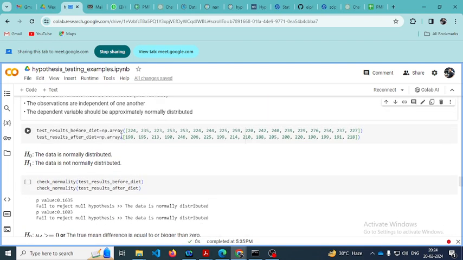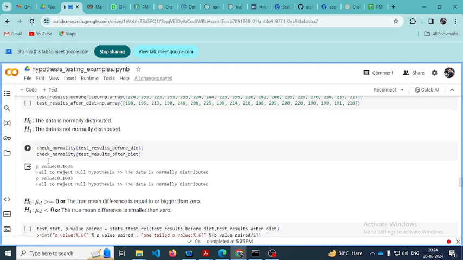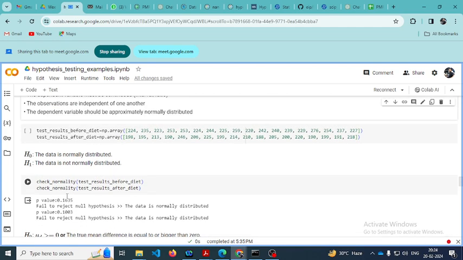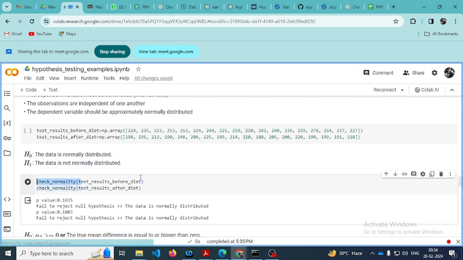So initially we can check the normality, whether the given data is normally distributed or not. Like in the previous examples, you call this normality function for these two, before diet and after diet. You may get the p-value. Then you can compare this p-value with your level of significance. So I'm going to get my p-value as 0.1635, and in this case, whenever the test results before diet pass, your p-value is this.